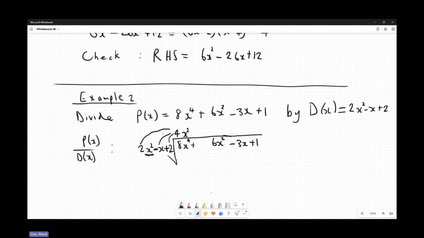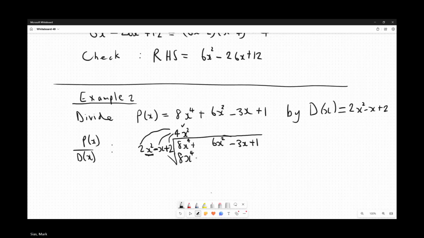So let's start the process again. The question that we asked was, how many times can 2x squared divide into 8x to the 4? It divides in there 4x squared. Now I must multiply 4x squared by 2x squared, by minus x, and by 2. Good. Right, I'm multiplying now, right?